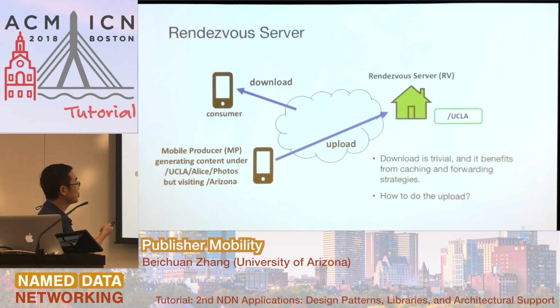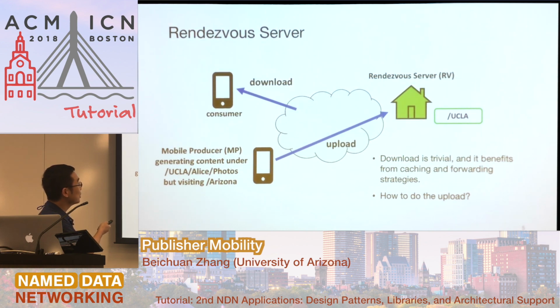And the consumer and the producer all agree to use this rendezvous point, which is at UCLA, with the name /UCLA. And this node doesn't move. So the idea is we're going to somehow upload the content generated by the mobile to the rendezvous point. And the consumer also knows the rendezvous point, so it will just download from there.